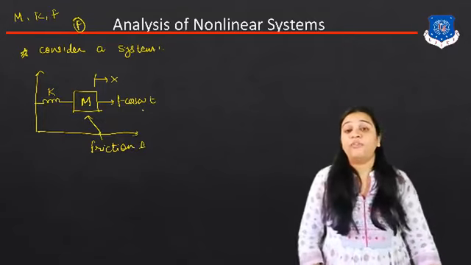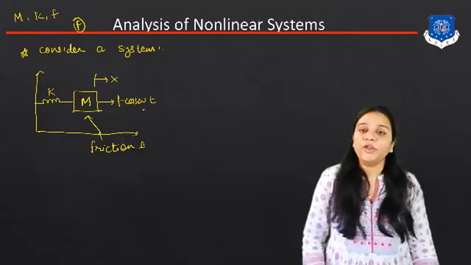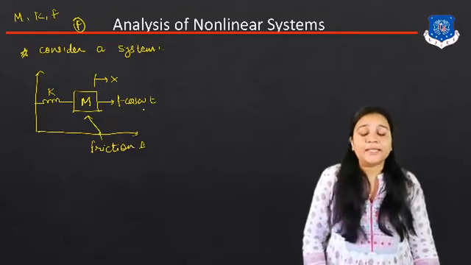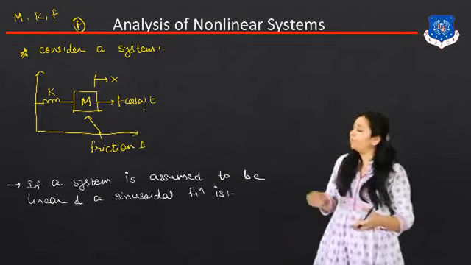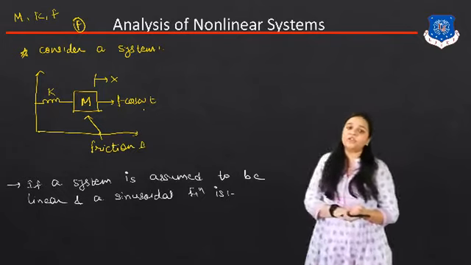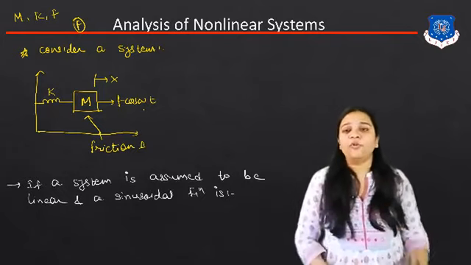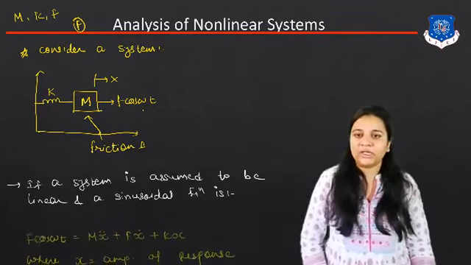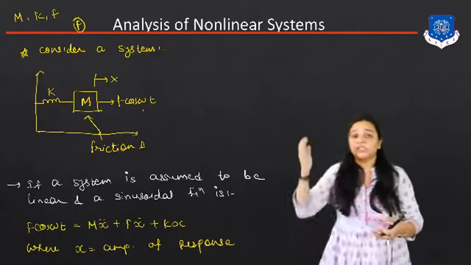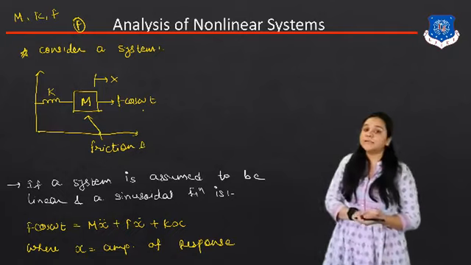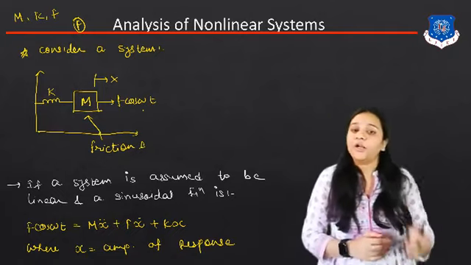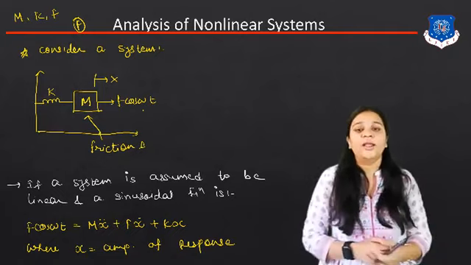Now if we have to write the differential equation for this mechanical system, assuming that this type of system is linear, what is the equation? F cos omega t is equal to m x double dot plus f x dot plus kx.